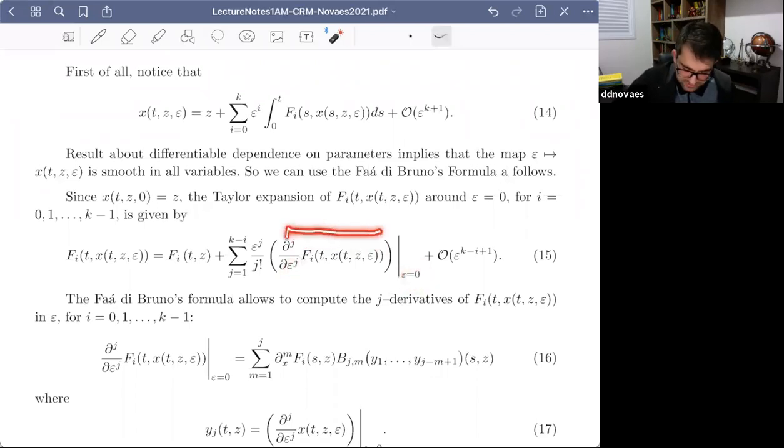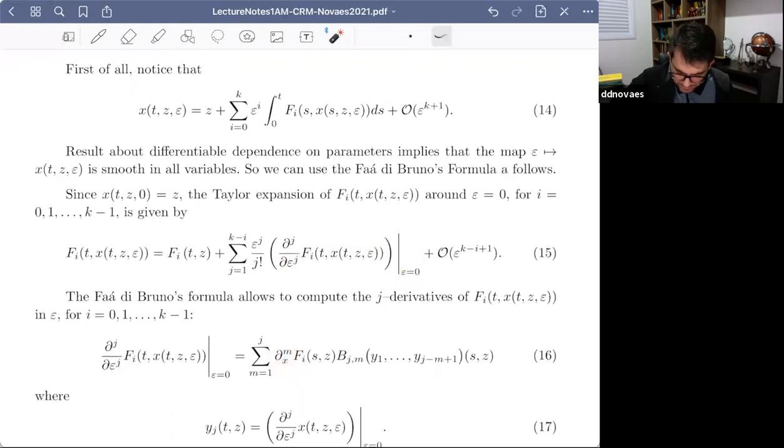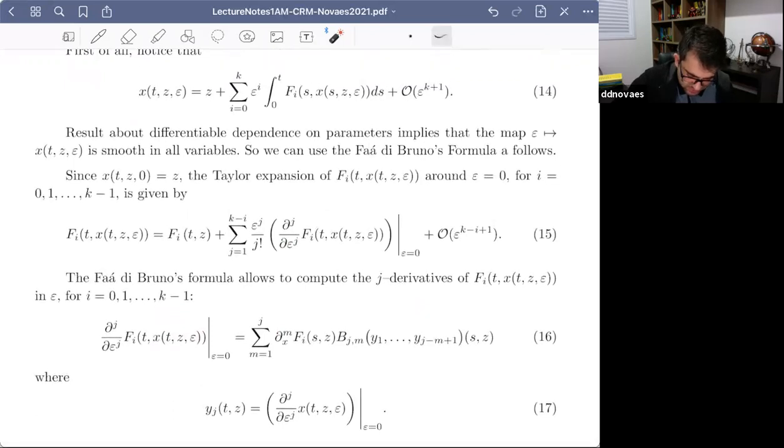So for this expression, I'm going to use the Faà di Bruno formula. We know that this higher derivative is equal to the m-th derivative of f_i multiplied by the partial Bell polynomials computed at the derivatives of this function. And I'm calling these derivatives y_j. Okay?